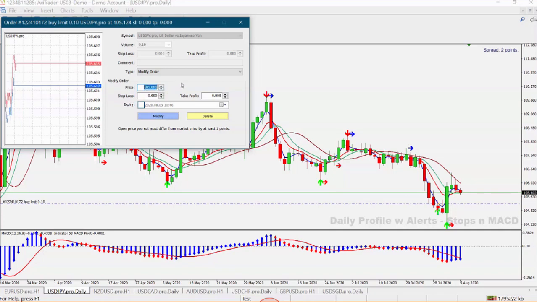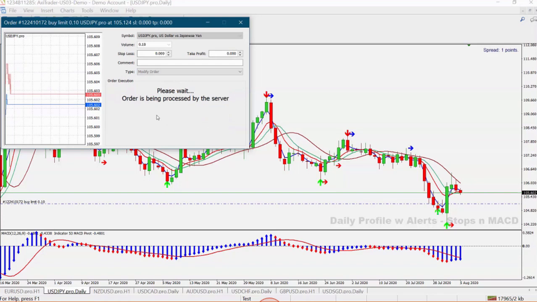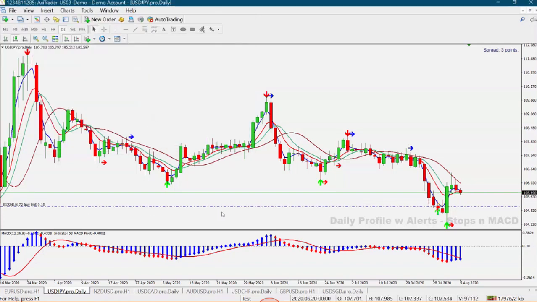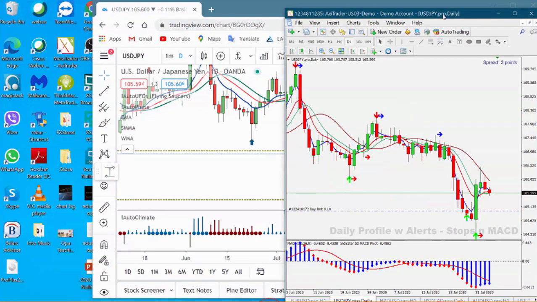All right, I'll get my magnifying glass out here. Okay, that looks like we put the buy limit at 105. Now, let's take a look here.